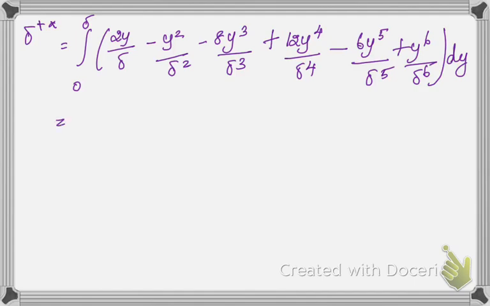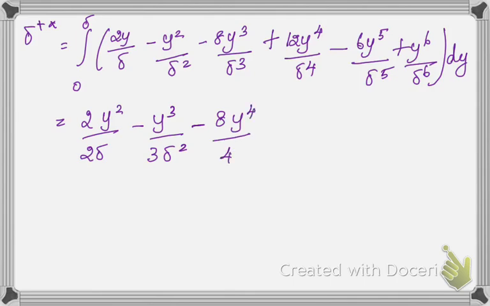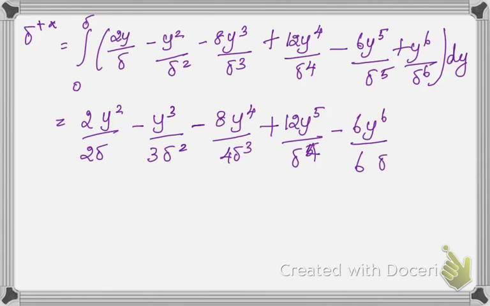So on integrating, as usual I have told, y power n integrates to y power n plus 1 by n plus 1. So here this becomes 2 into y squared by 2 del minus y cube by 3 del square minus 8y power 4 by 4 del cube plus 12y power 5 by 5 del power 4 minus 6y power 6 by 6 del power 5.